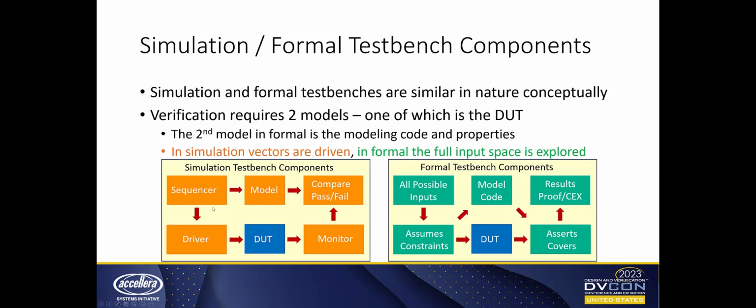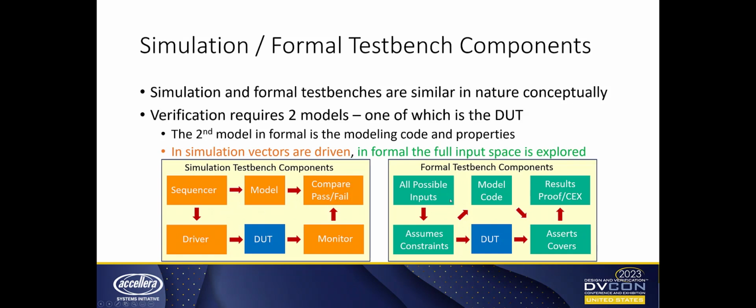And if you look at a simulation setup, there's going to be some kind of sequencer which goes through a driver, which is applying vectors or stimulus to the design under test, and then the outputs are being monitored. Those same inputs are being driven into a second model, and then really what you're doing is comparing the outputs of the two models to see if they're the same. If they're the same, then you get a passing test bench. If not, you get some kind of failure.